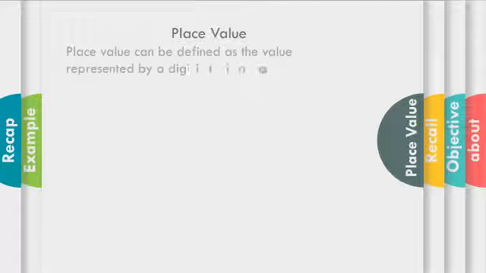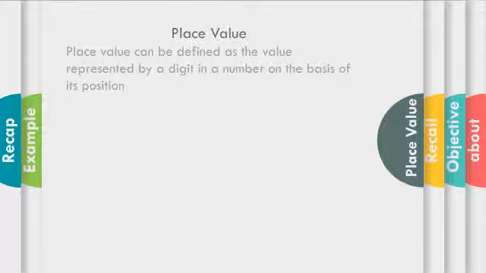Now let's move towards the topic quickly, that is place value. Place value can be defined as the value represented by a digit in a number on the basis of its position.